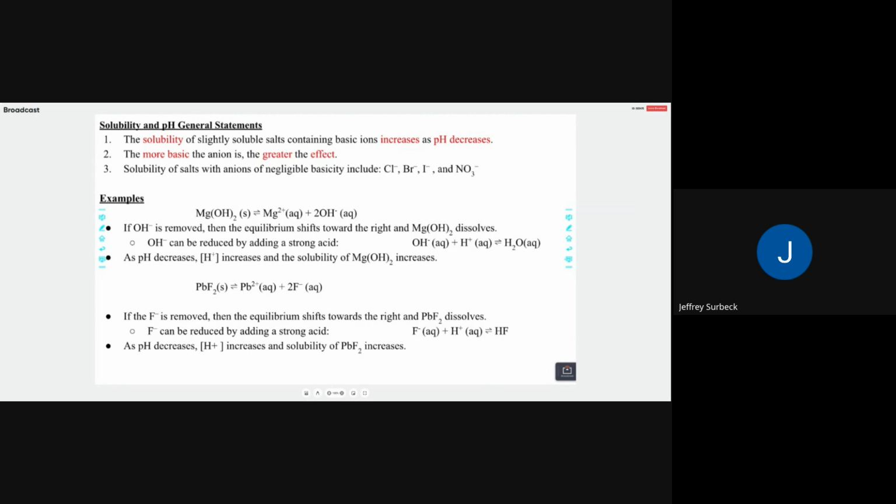So your solubility actually increases. We can dissolve more in a lower pH. Now, lead 2 fluoride, as you add a strong acid, the pH decreases, H plus increases, and your solubility also increases. A very similar type of factor, a little bit different chemistry happening there, but that's what occurs.